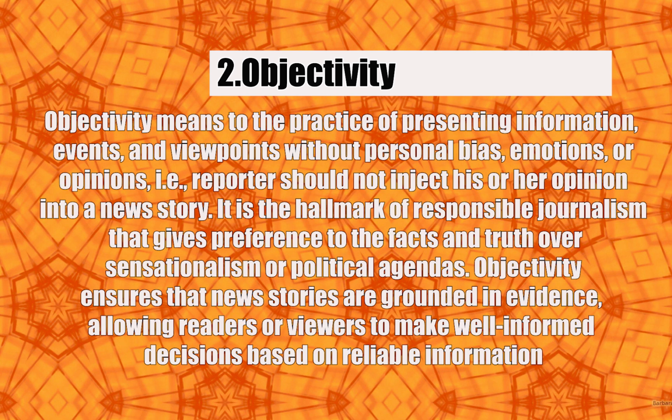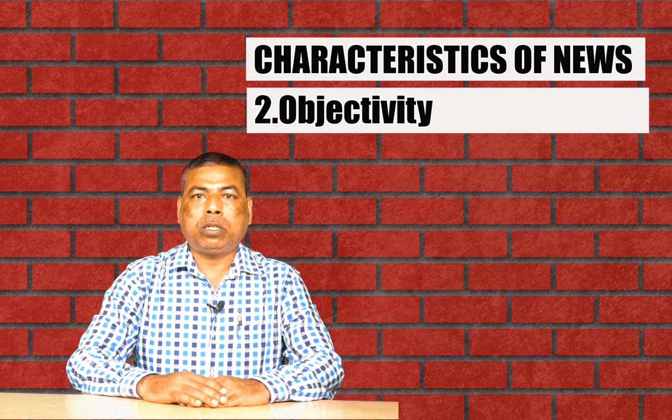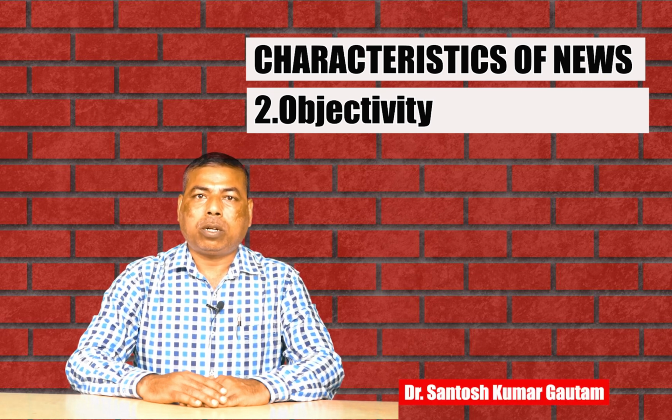Objectivity ensures that news stories are grounded in evidence, allowing readers or viewers to make well-informed decisions based on reliable information. Objectivity serves as a cornerstone of trust between journalists and their audiences.